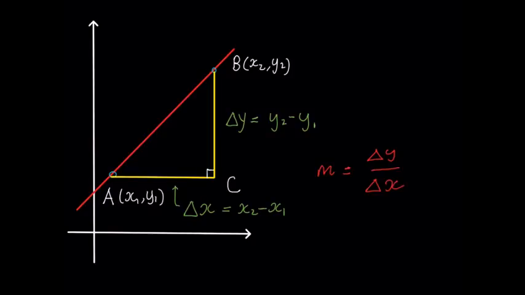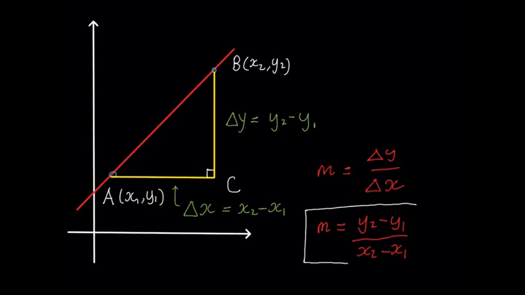Of course, we know we can write this in the differences between the x and y values, so we can write m as being equal to y2 minus y1 divided by x2 minus x1. That's a very useful little formula for calculating the gradient of a straight line given a pair of coordinates.